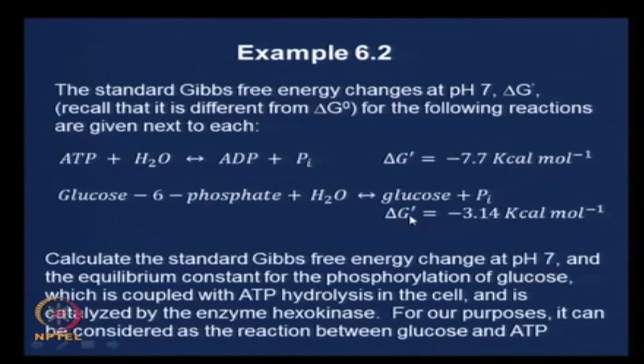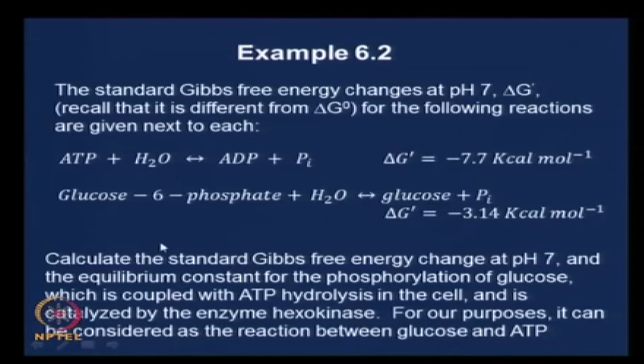The delta G dash value for that happens to be minus 3.14 kilocalories per mole. Somebody has very carefully determined the values of delta G dash for these reactions, thousands of reactions.